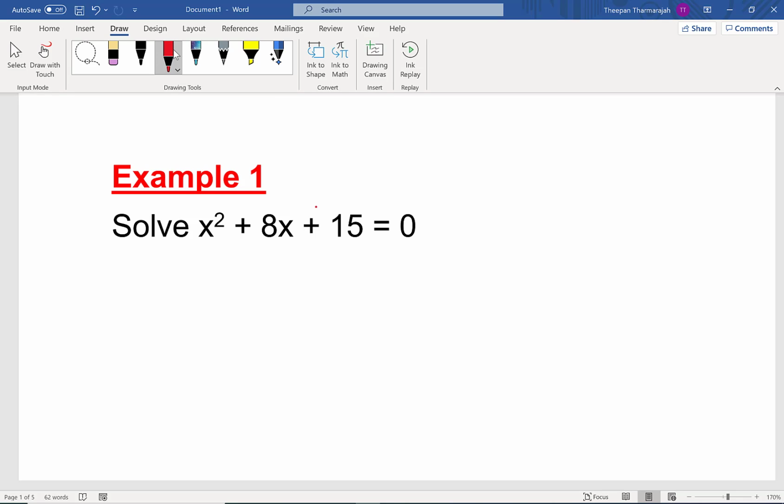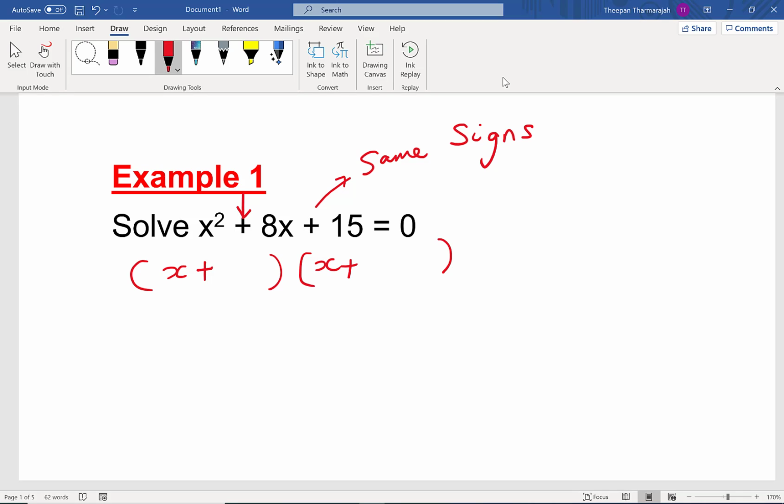Remember, the plus at the end means you've got the same signs in both brackets. So we're going to have two brackets here, an x in one and an x in the other. And remember, the plus in the middle means you're going to have a plus in both brackets.